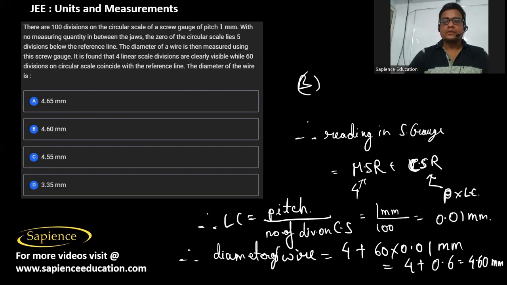No, sorry, here it is the observed reading. B is not correct. The observed reading is 4.60 millimeter, but here it is told the zero of the circular scale lies 5 divisions below the reference line. So here we have a positive zero error.